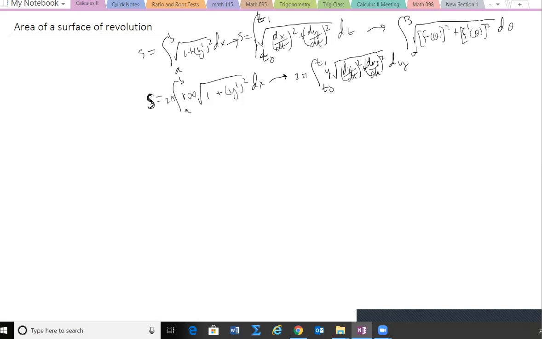And this is with respect to t, sorry about that. That's with respect to t, and this function over here, y, would have to be a function of t. The function that you use here would depend on which axis you're revolving about. If it's revolving about the x-axis, then you would use y. If it's revolving about the y-axis, you would use x of t. So it's either y of t or x of t.